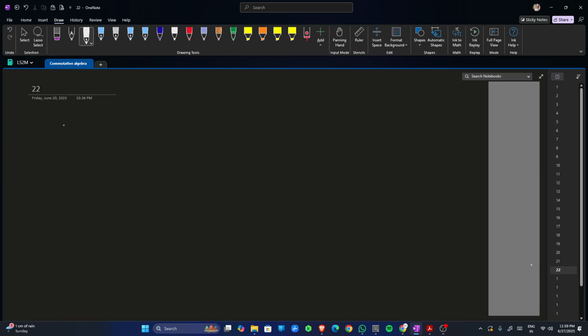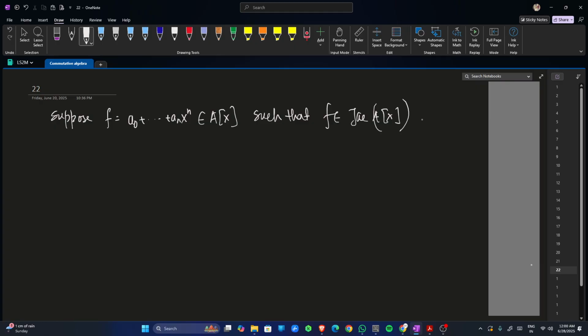Suppose f equal to a0 plus a1 x plus dot dot dot a n x^n belongs to A[x] such that f belongs to the Jacobson radical of A[x].